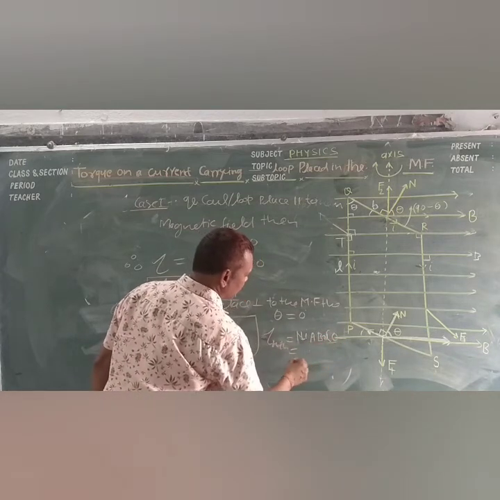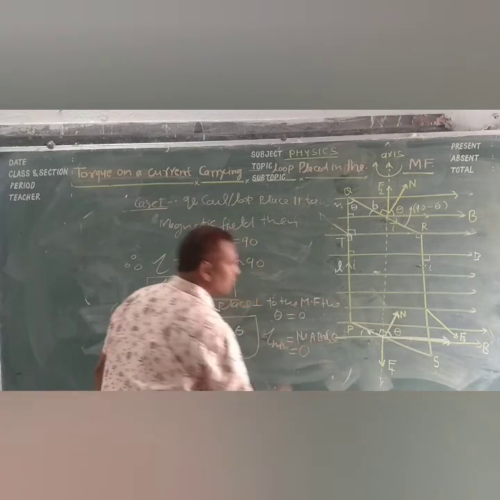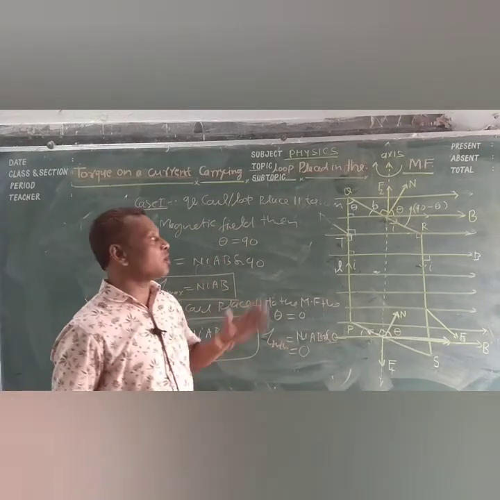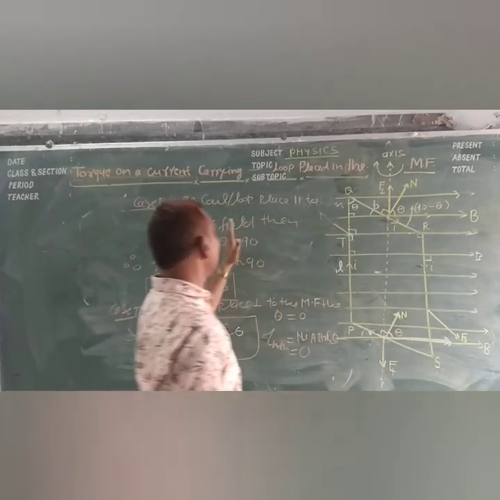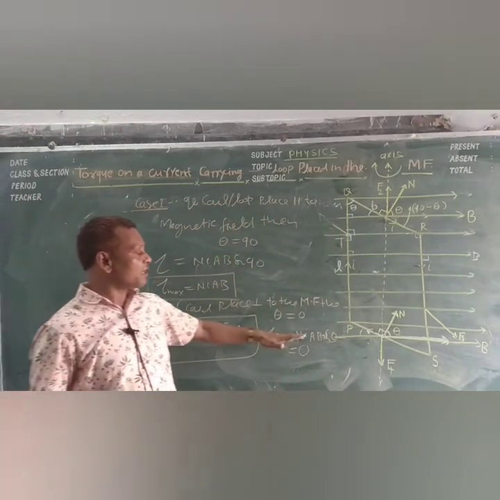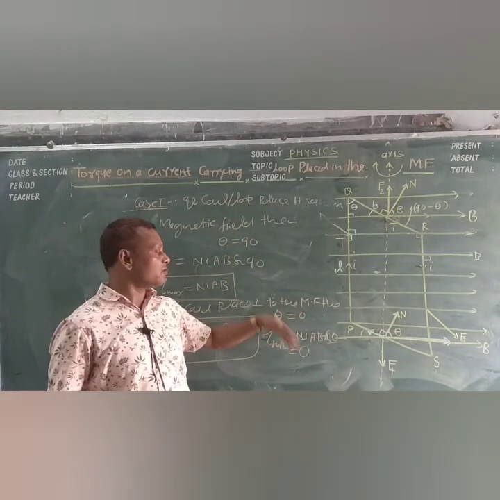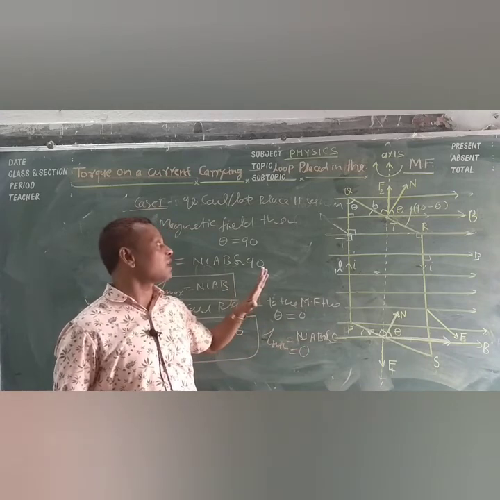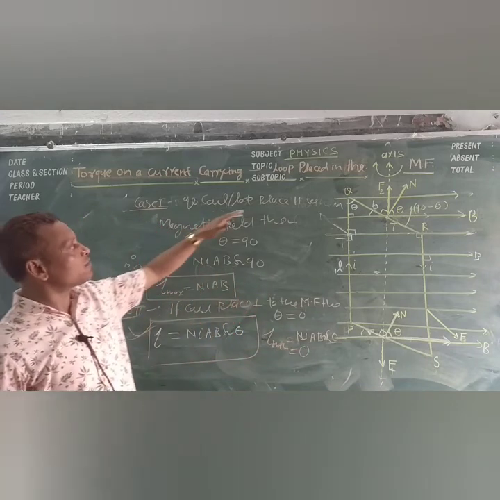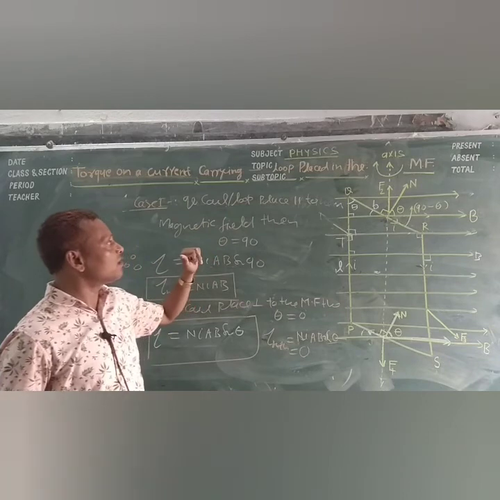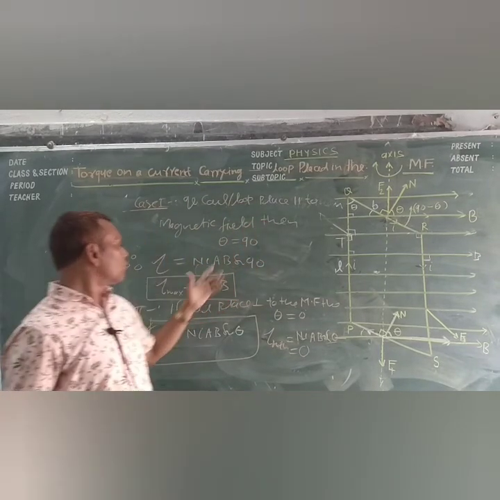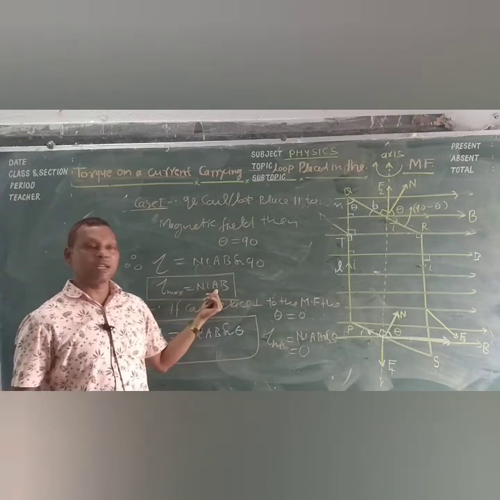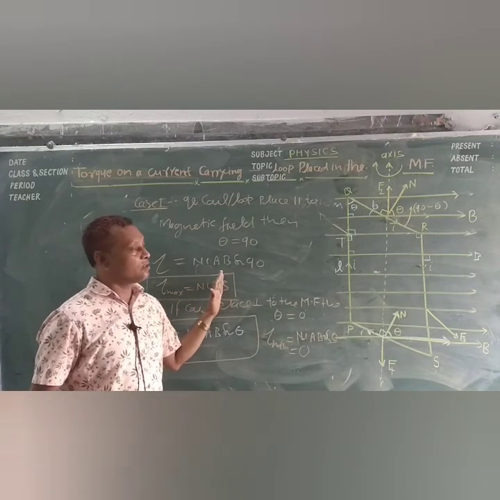Sin 0 means 0, so torque will be 0. So when the coil is placed perpendicular to the magnetic field, it experiences minimum torque, meaning no torque, and when the coil is placed parallel to the magnetic field, it experiences maximum torque, which is equal to NIAB. Thanks.